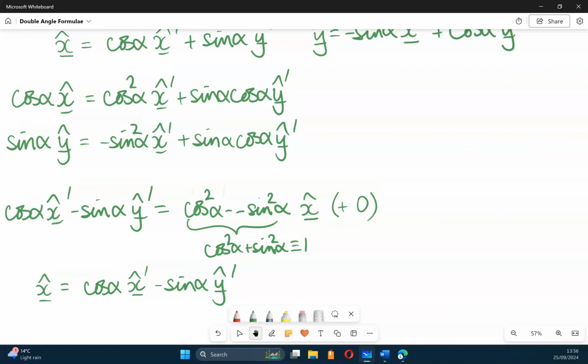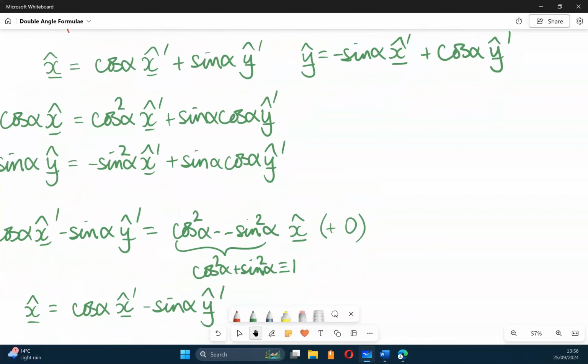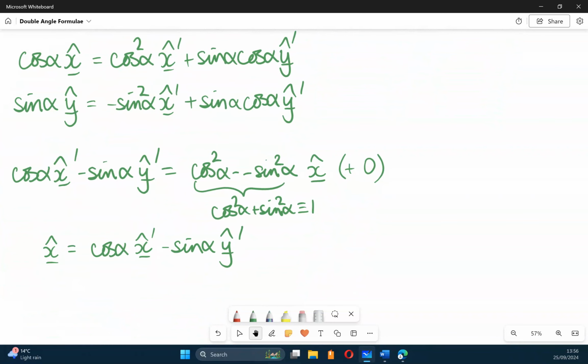So this is meant to be that x was equal to this and y was equal to this. So this is x minus y, and then this term here was meant to be x prime. So apologies for the confusion there. It's just an abuse of notation. So x hat prime is equal to this in terms of x hat and y hat.